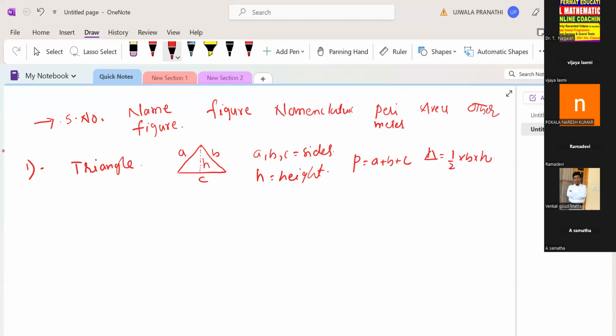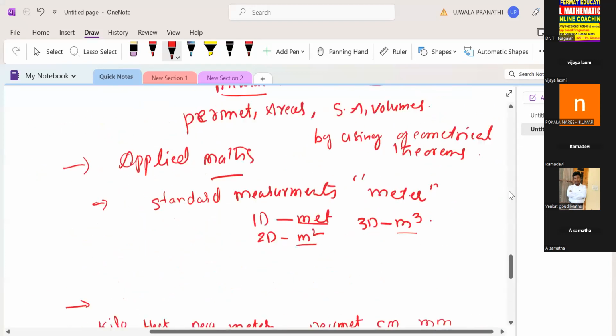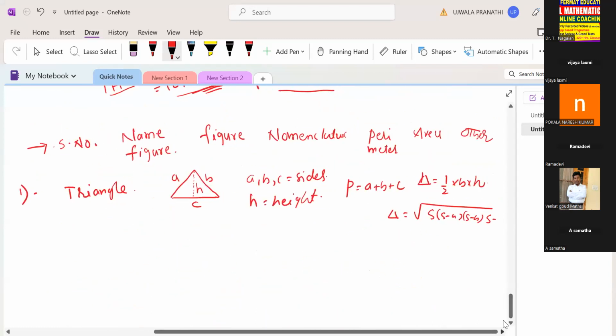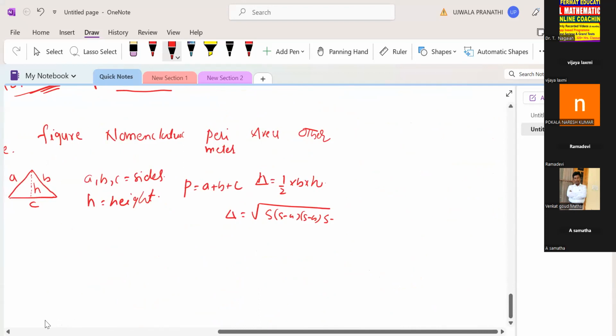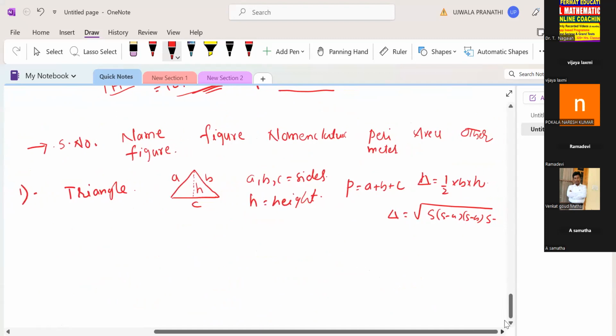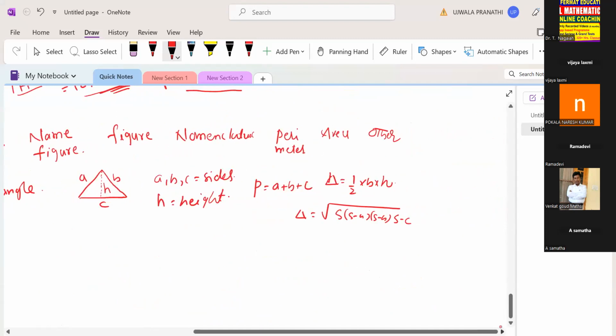So for any triangle, area of triangle is half into base into height, or delta is equal to square root of s into s minus a, s minus b, s minus c, where s is equal to a plus b plus c by 2.